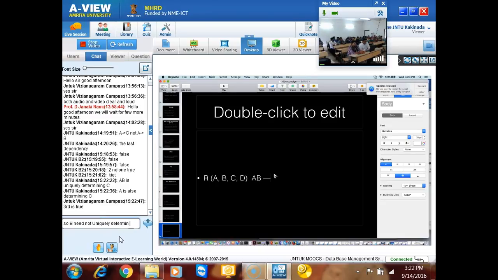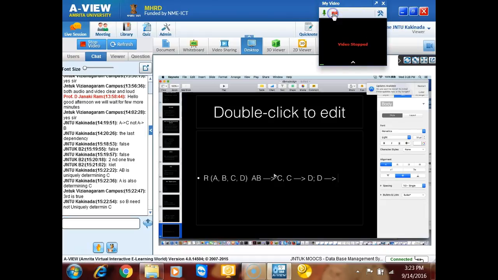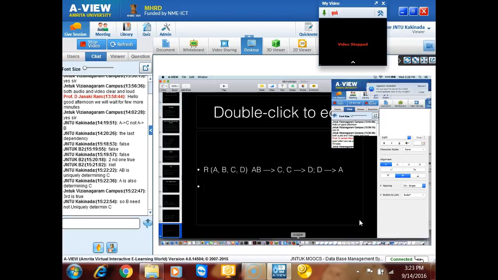See, the FDs are AB determines C, C determines B, and D determines A. What are all the FDs that follow from this?